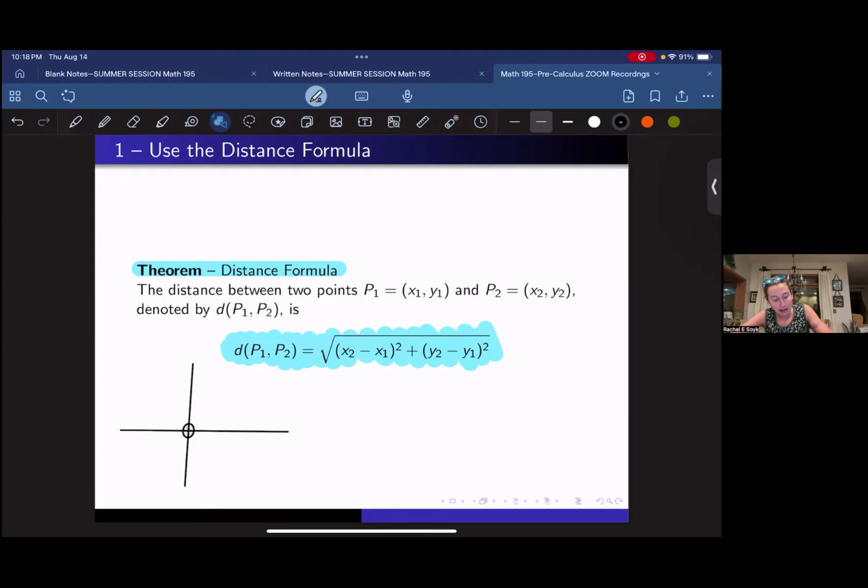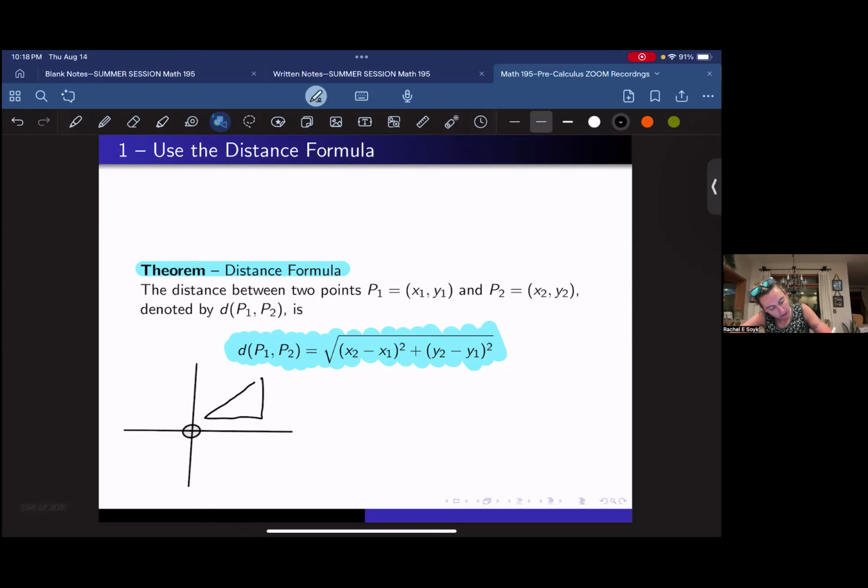Let's say we had a right triangle in our first quadrant. And I'm going to be a little bit more specific here. I'm going to label these points.